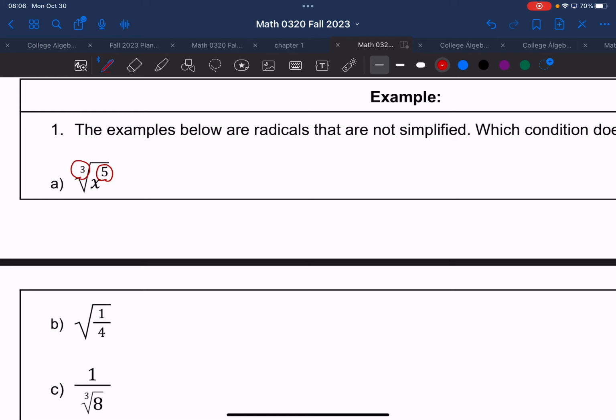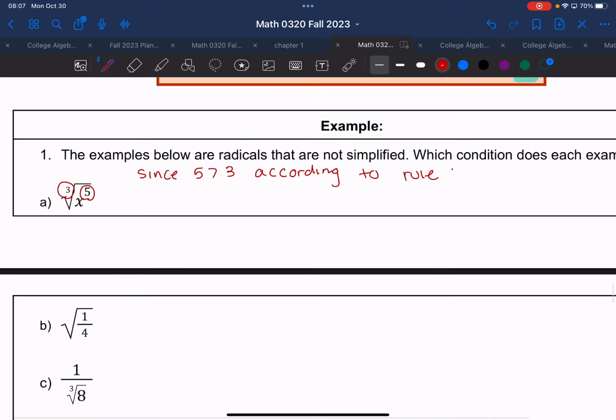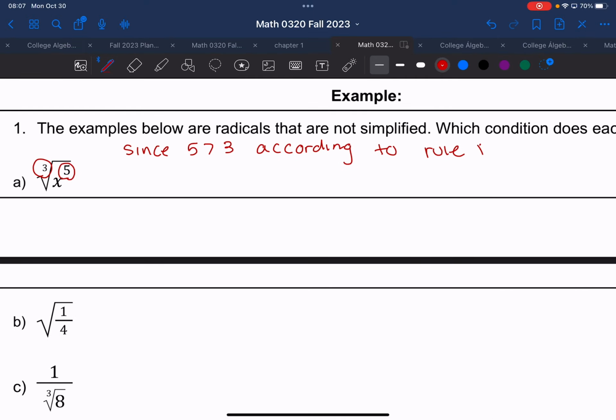So we would say that since 5 is greater than 3, according to Rule 1, that's the reason why it cannot be simplified.